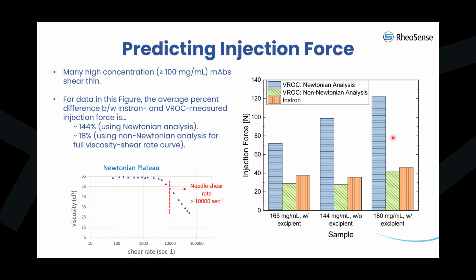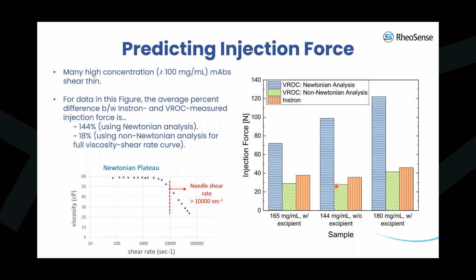The key difference is that in single point or Newtonian analysis, we only use the viscosity at the Newtonian plateau, essentially assuming viscosity is constant. But in non-Newtonian analysis, we use the full viscosity shear rate profile, including the shear thinning region.